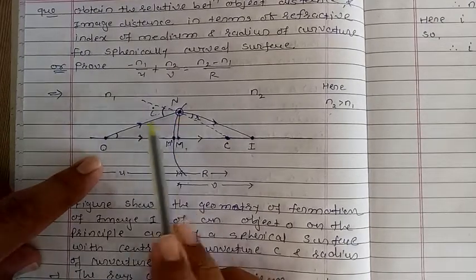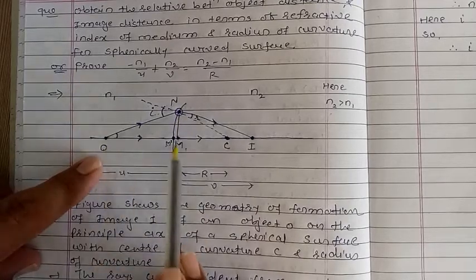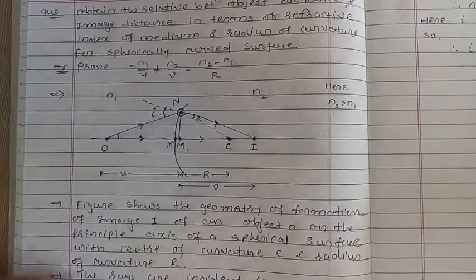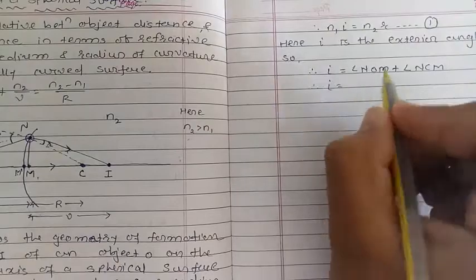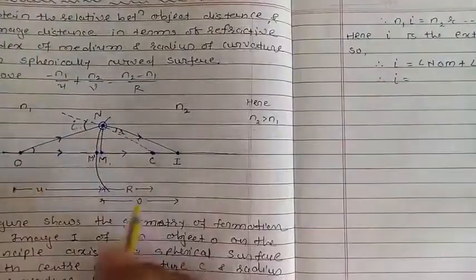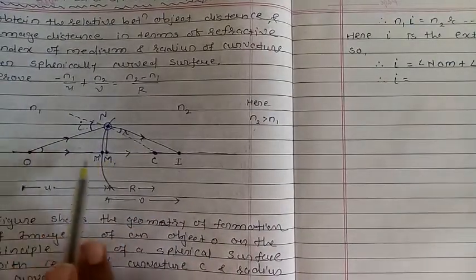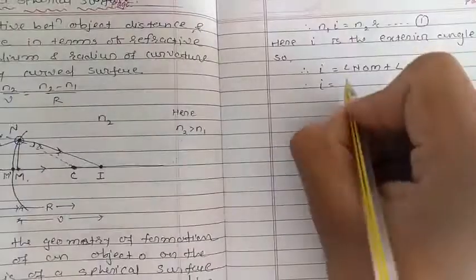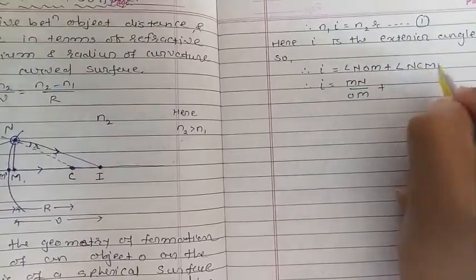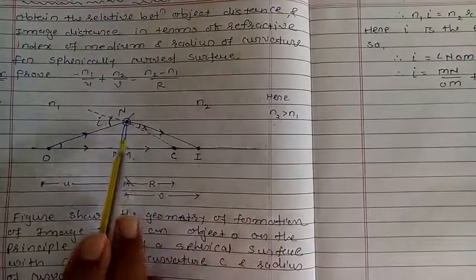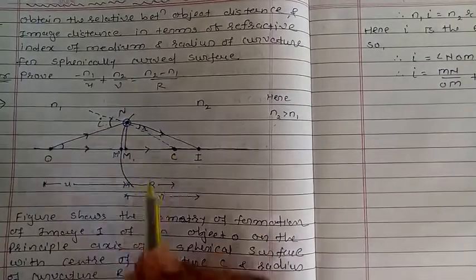So angle NOM is equal to MN upon OM. So i is equal to MN upon OM plus angle NCM, see here, this angle NCM.